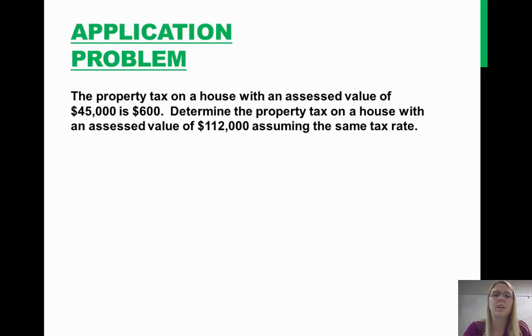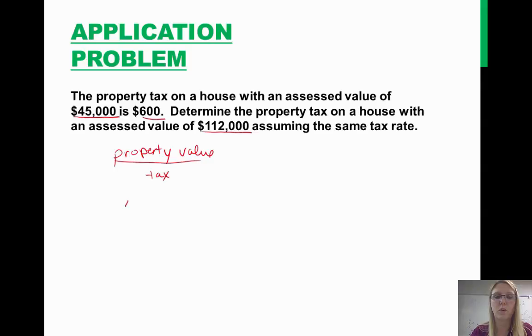All right, so now let's look at an application problem. Here, the property tax on a house with an assessed value of $45,000 is $600. Determine the property tax on a house with an assessed value of $112,000. So I'm going to put property value over tax on both of these.